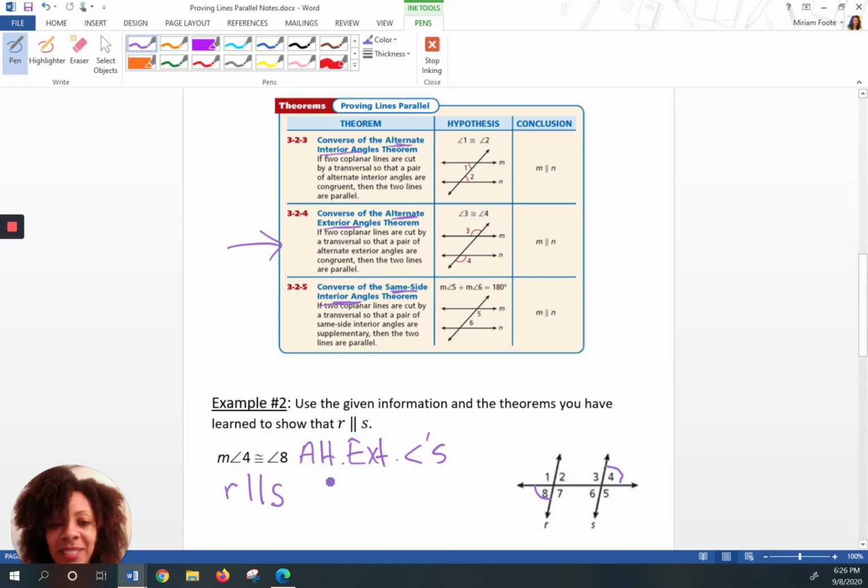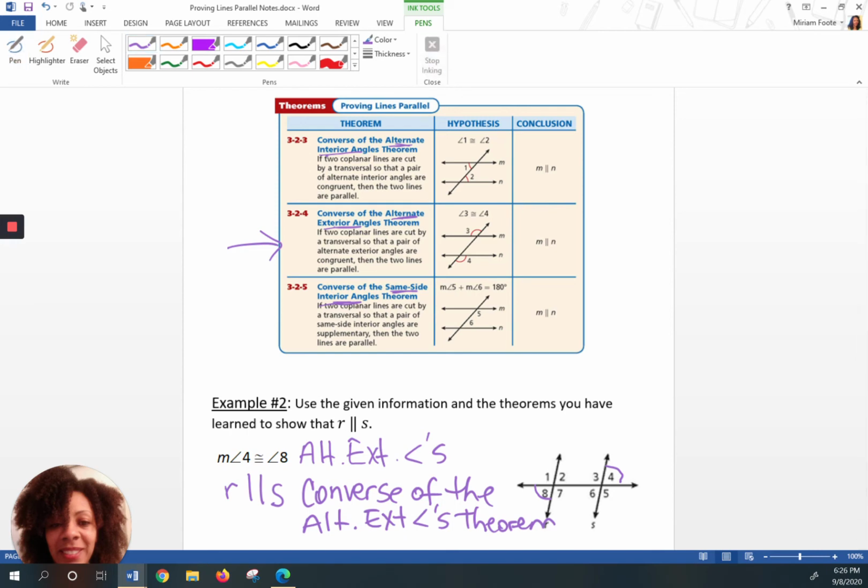So based off of that converse, I know that these are in fact congruent. So again, if I were having to explain why, I would write the converse of the alternate exterior angle theorem tells me that line R is indeed parallel with line S.